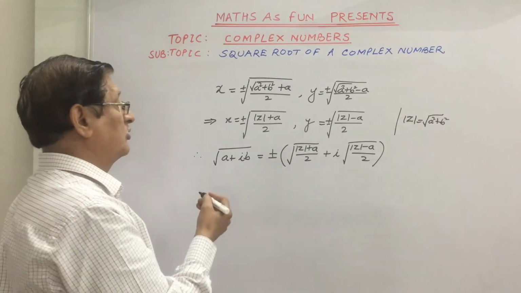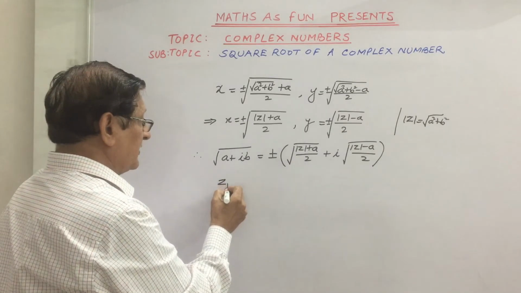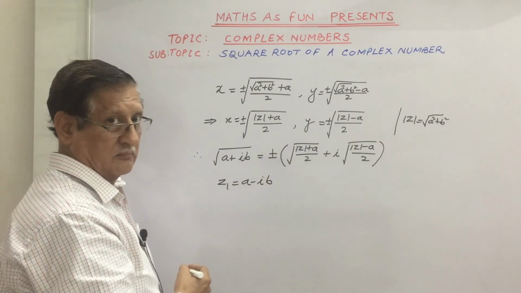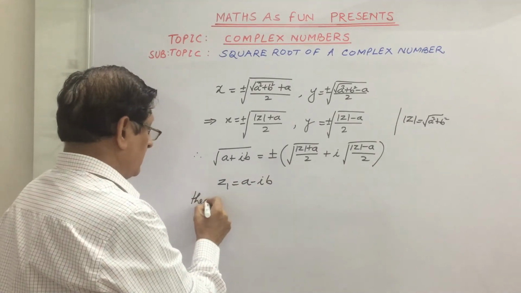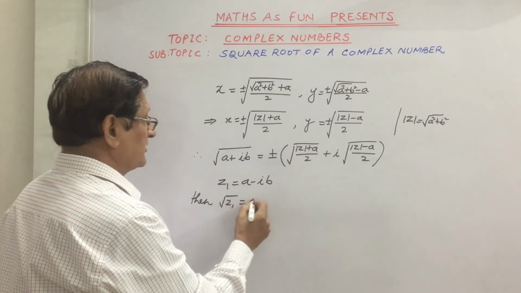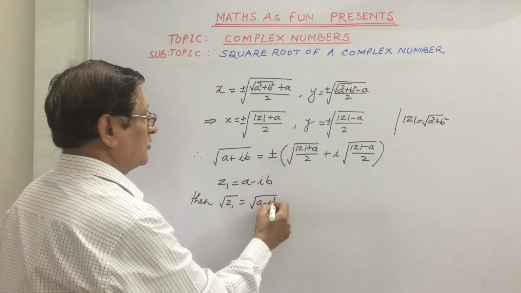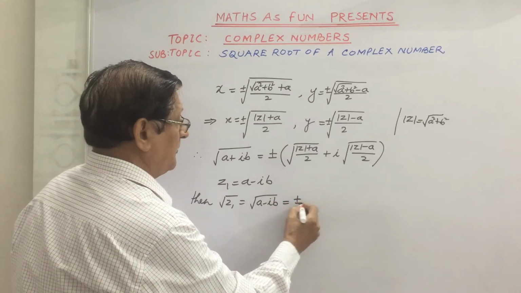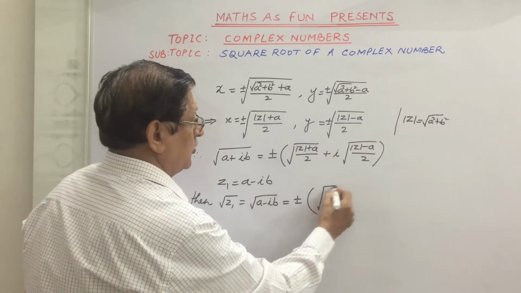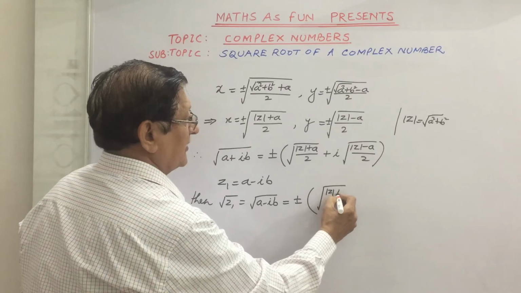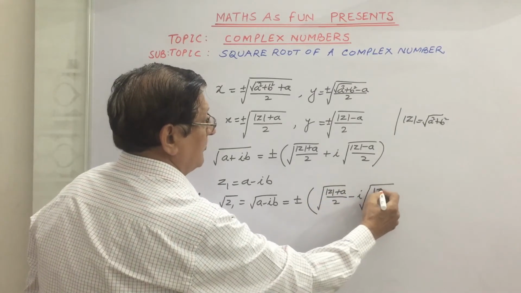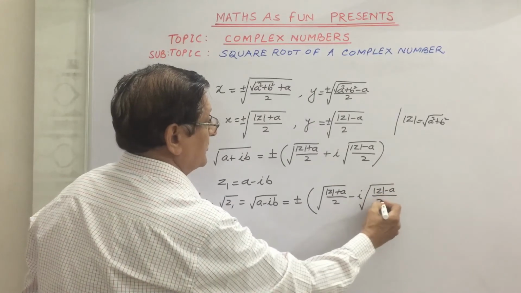Now one more thing I would like to tell you. Suppose you have been given z1 as a minus iota b. Then the root of z1, that is root of a minus iota b, will be equal to plus minus root of modulus z plus a upon 2 minus iota root of modulus z minus a upon 2.